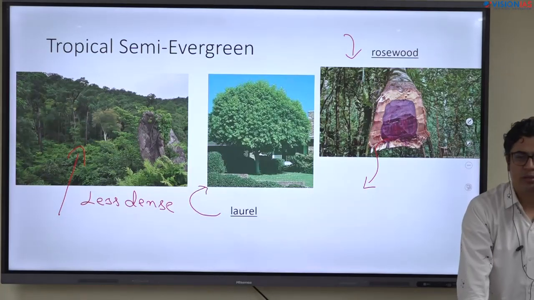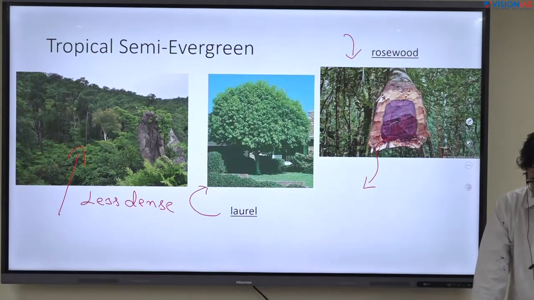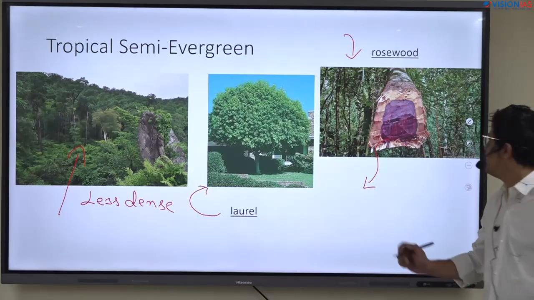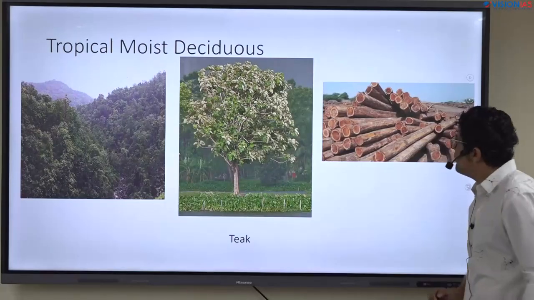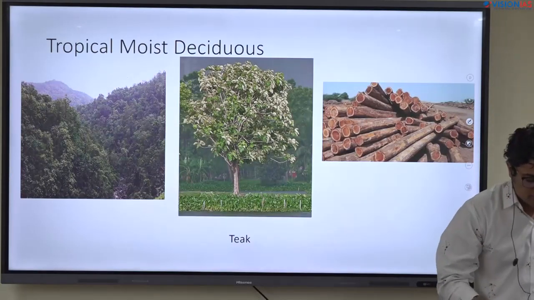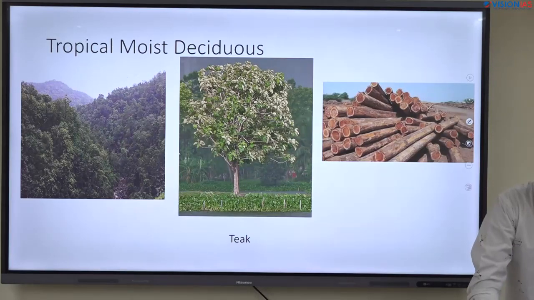It's easy to exploit. Okay. The second category we are done with. Third category, tropical moist deciduous forest. Go to the map. Look at category number 3. Try to find this category.